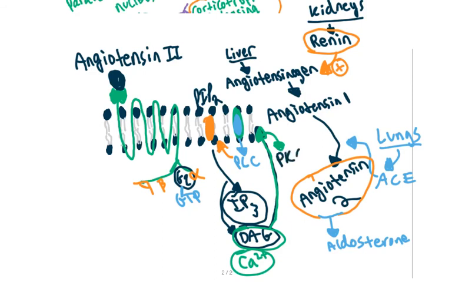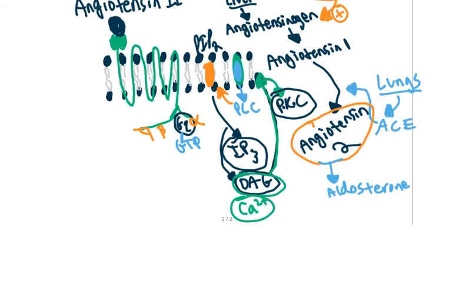So not protein kinase A like adrenocorticotropic hormone did. It's going to be protein kinase C. And then protein kinase C will go and phosphorylate, along with protein kinase A that adrenocorticotropic hormone resulted in. The binding of adrenocorticotropic hormone, remember, resulted in protein kinase A. Protein kinase A and protein kinase C will then help phosphorylate the reactions that will occur in order to produce aldosterone.